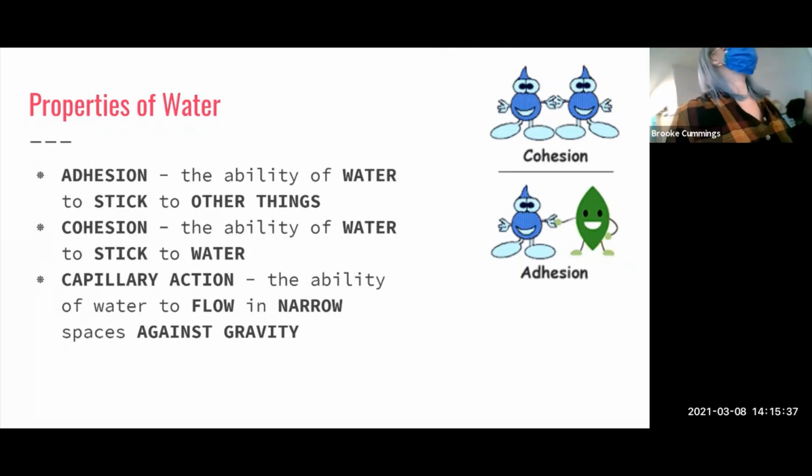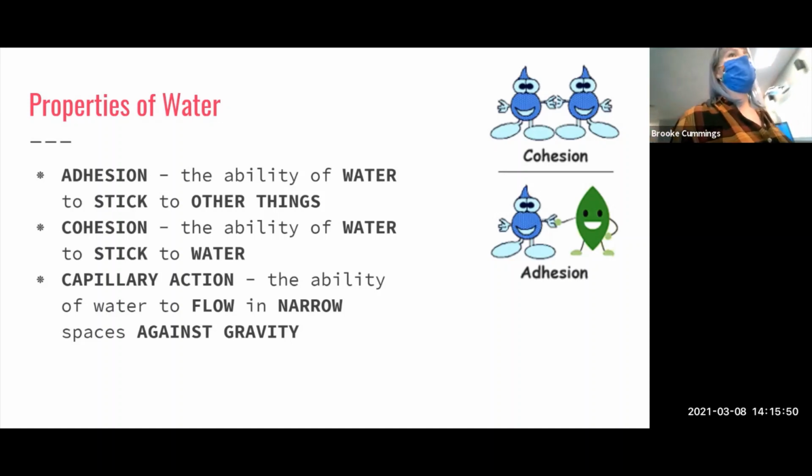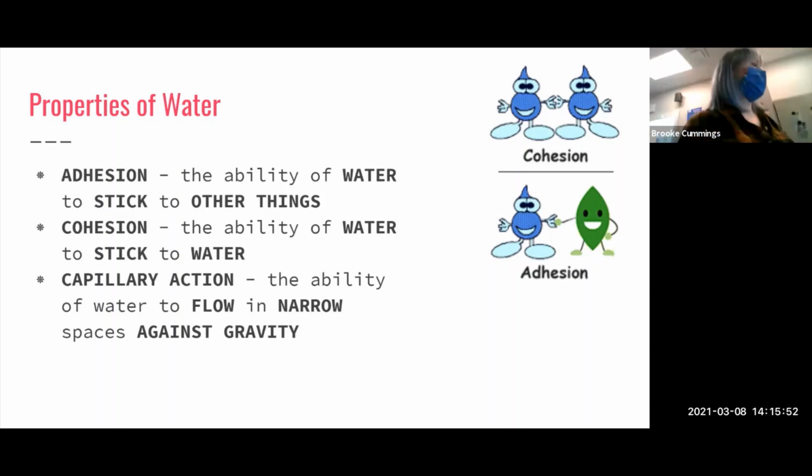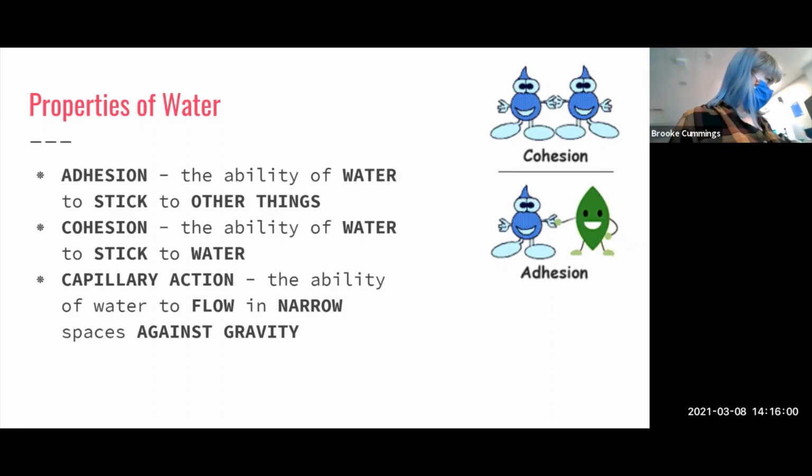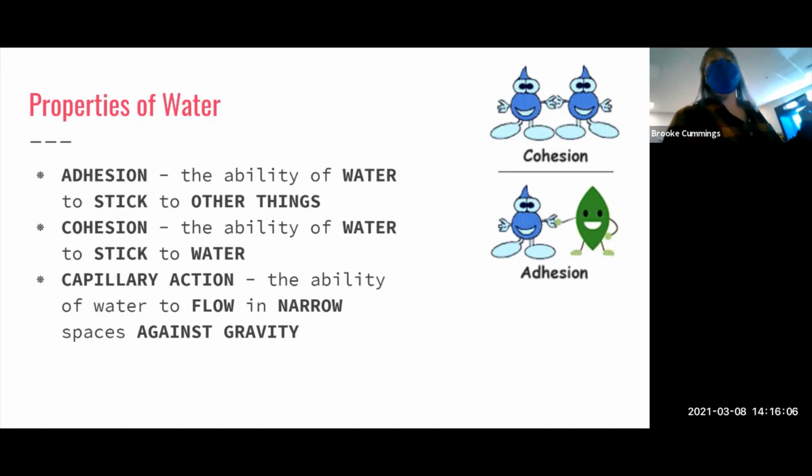One is that it sticks to other things. So that's adhesion. And the next is cohesion, which is the ability of water to stick to more water. So if you think about a dewdrop on a blade of grass, you're seeing an example of both.